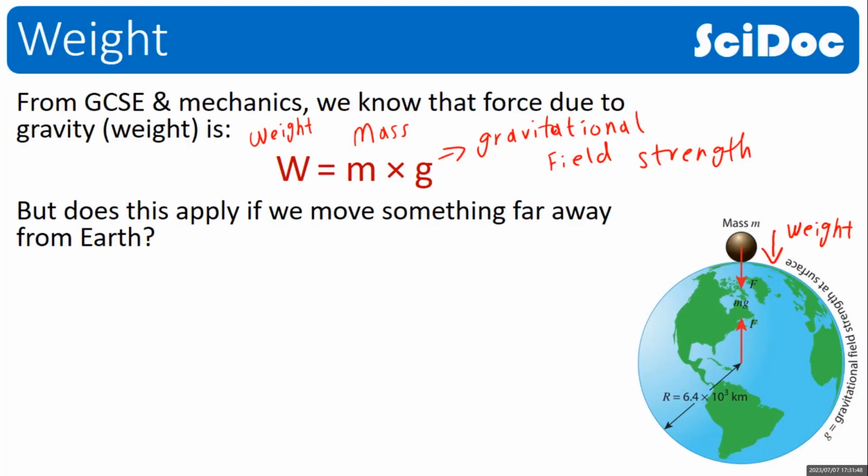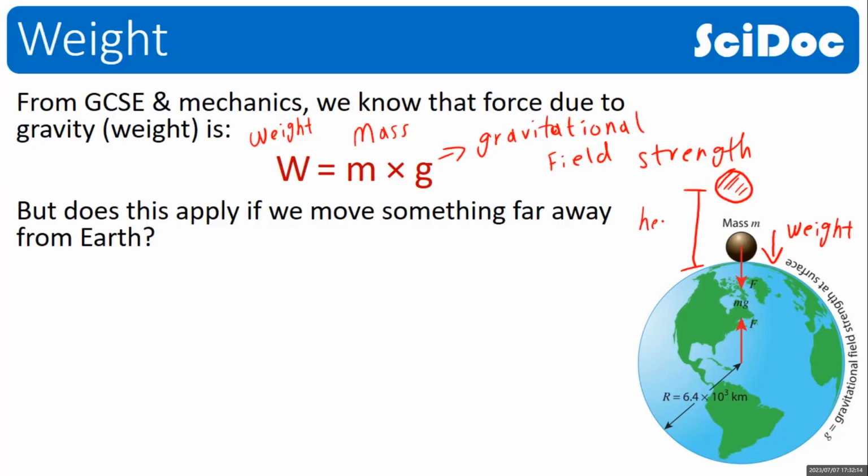Now the question arises: does this formula apply if we move something far away from the earth? The formula which we have just learned, W equals mg, will we use the same formula if we move this mass away from the surface of the earth? Let us suppose I pick this mass and place it at some height from the earth.